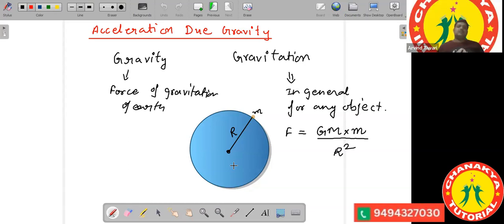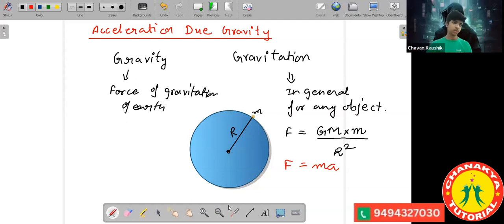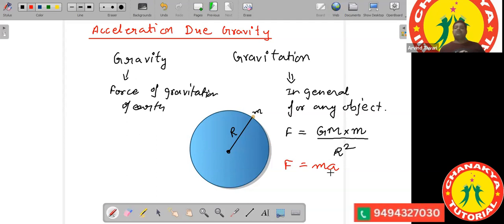So here we understood that the force between the Earth and this mass is F equals G M m by r squared. Now, if we move to Newton's laws of motion, by the second law of motion, the net force acting on an object is given by mass times acceleration. This is from the second law of motion. So from the second law of motion, you have F equals m a.